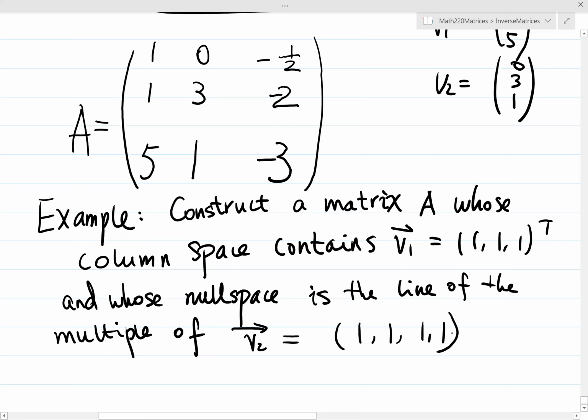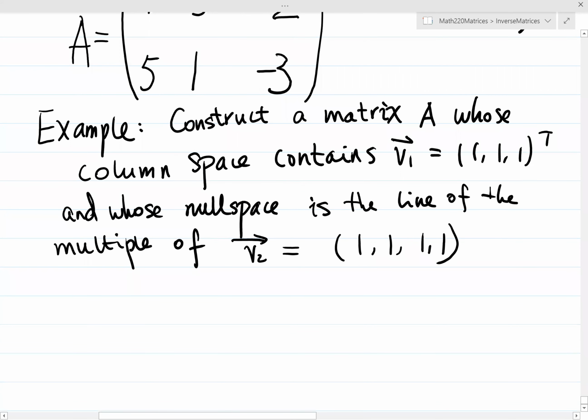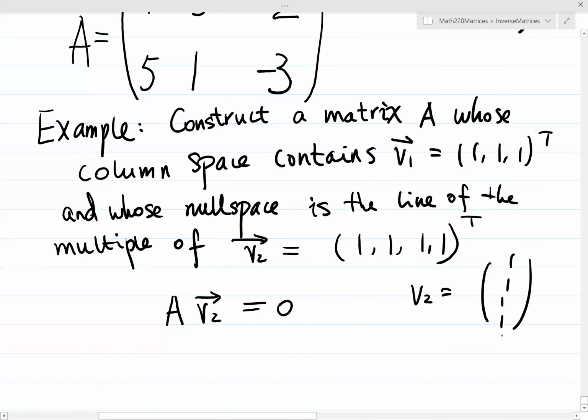Now we want a matrix. A times V2 is 0, since V2 lies in the null space. V2, if you write it as a column vector, 1, 1, 1, 1, is 4 rows by 1 column. So we make sure that A has 4 columns, so A should be n rows by 4 columns.